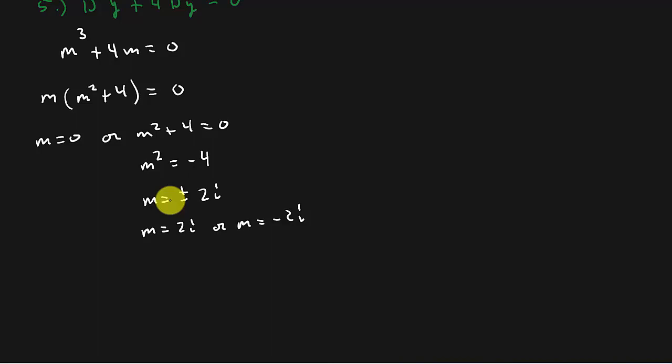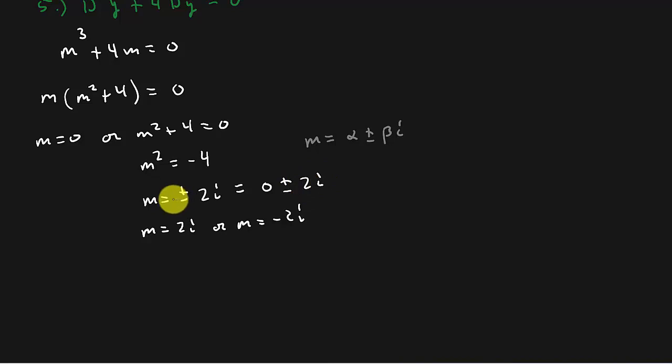Now, the thing that you do here, you don't have to do this, but note that remember m equals alpha plus or minus beta i. So if you need to, write this as 0 plus or minus 2i.